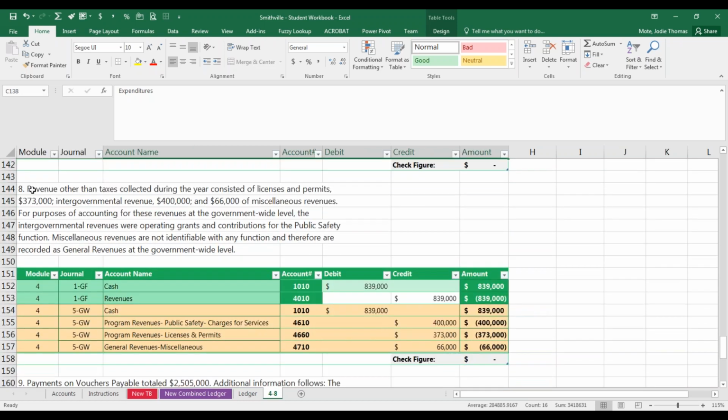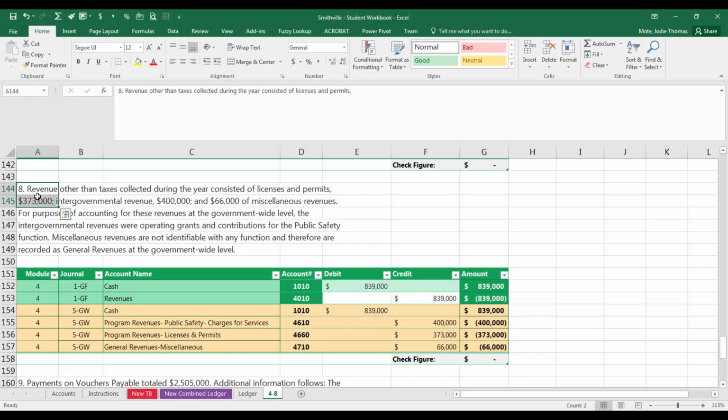Revenue number 8, revenue and other taxes collected during the year consisted of licenses and permits, $373,000, intergovernmental revenue for $400,000, and $66,000 of miscellaneous revenues. Basically this is saying that for purposes of accounting at the government-wide level, the intergovernmental revenues were operating grants for public safety.